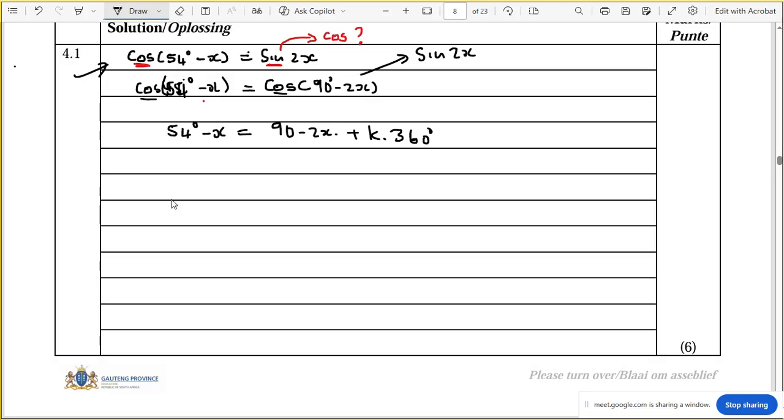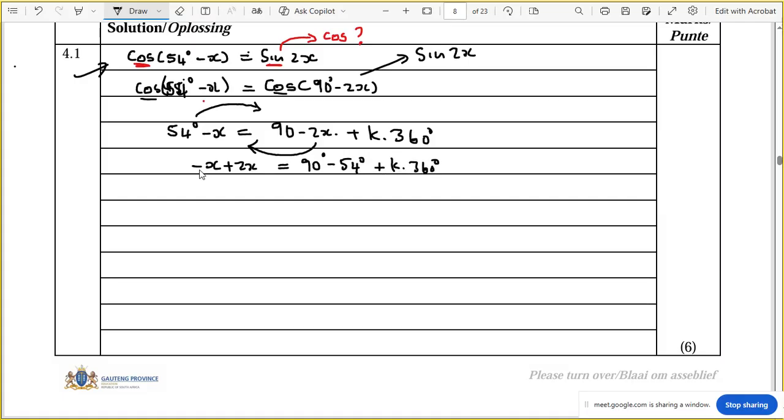I move the 54 to this side to be negative, the 2x to this side to be positive. So this will be minus x plus 2x equals 90 degrees minus 54 degrees plus k times 360.